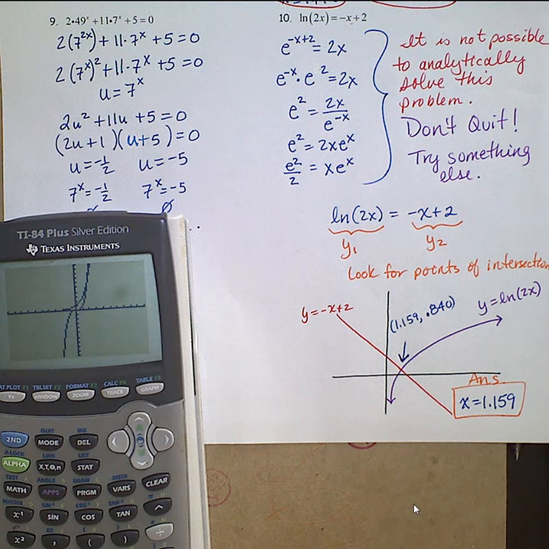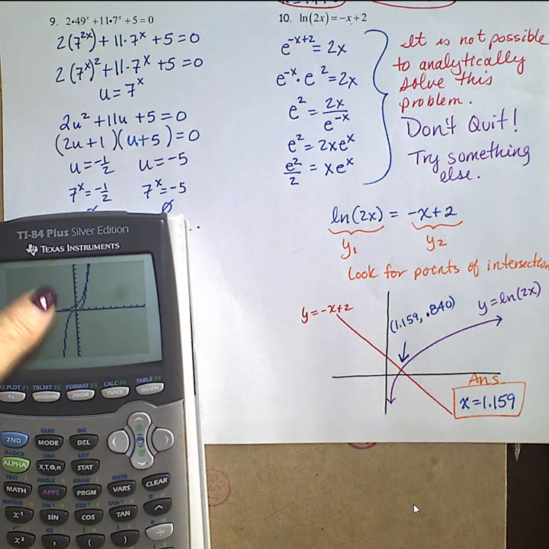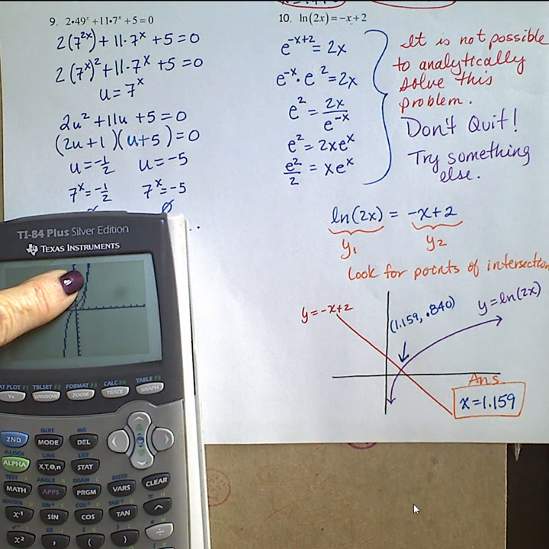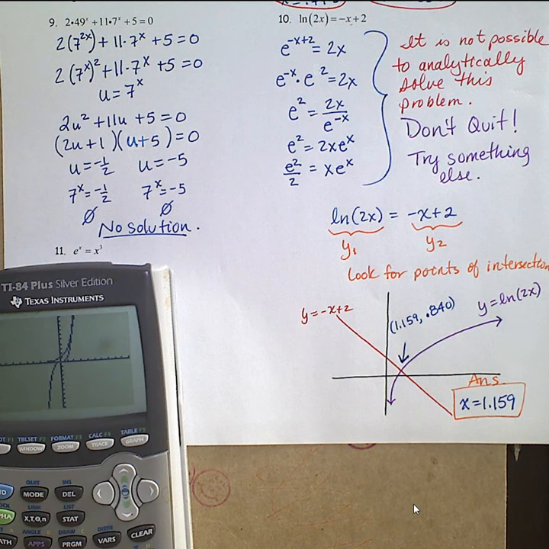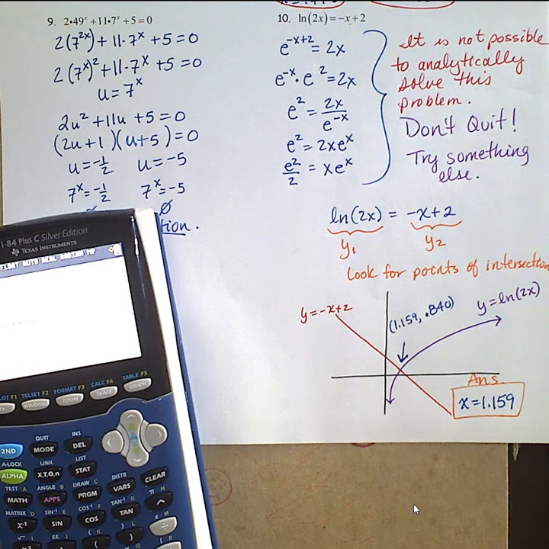Do we see that? A standard viewing window? Yeah? We definitely see a point of intersection right up here. Can you find that one? See that?